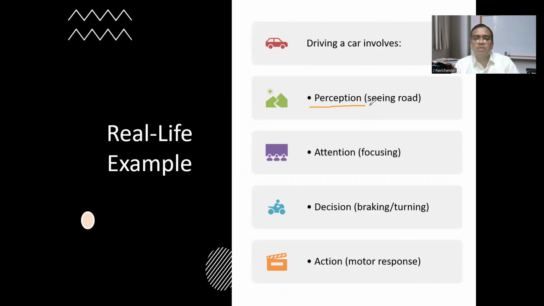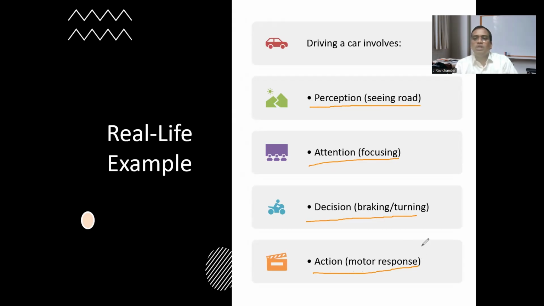Perception means we are seeing the road. Attention means focusing on the road. Decision means braking as well as turning. Action means our motor response, that is, applying the brake, increasing or decreasing the speed, and rotating the steering.